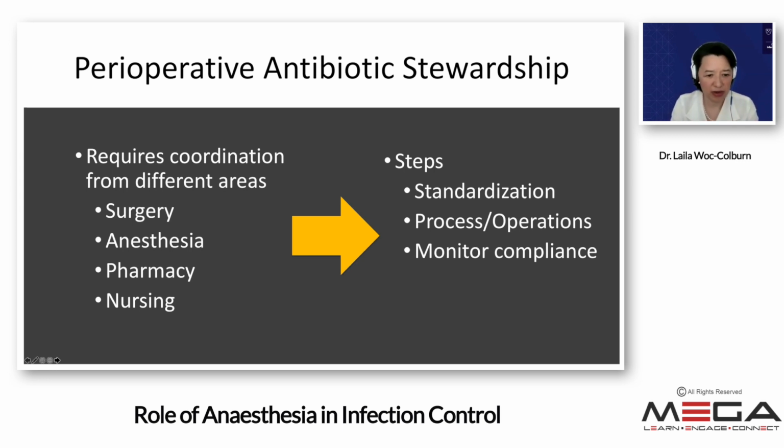We know that we have to give certain antibiotics an hour or 30 minutes before. And if surgeries go longer than 6 hours, some of the antibiotics have to be redosed because they have a half-life of 6 to 8 hours, so you don't want those levels to go down. Knowing how long your surgery is going to last is going to be helpful.